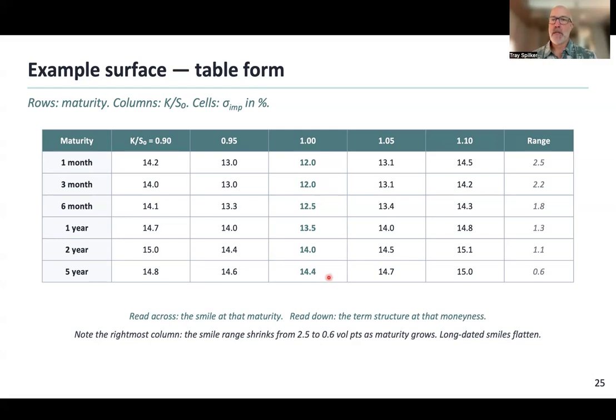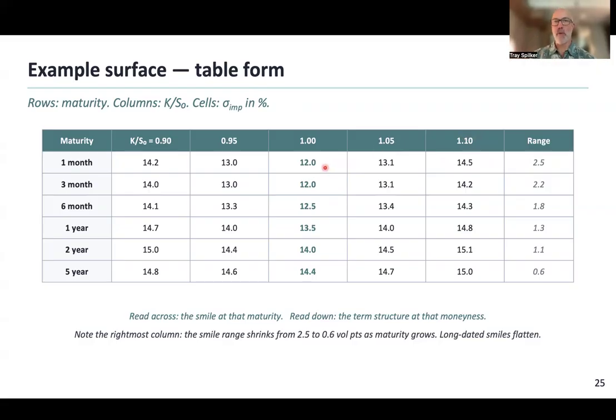Now let's look at how the smile tends to flatten and steepen with maturity. The short dated smiles are a bit sharper, if you will, meaning it's more of a U shape, because the range is 2.5 between the highest end of the range, 14.5, and the at the money option.